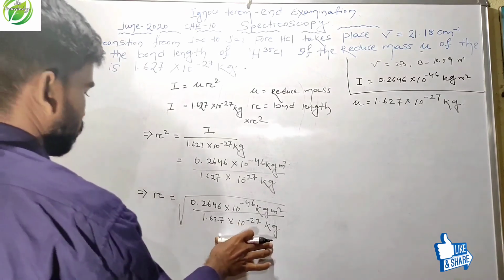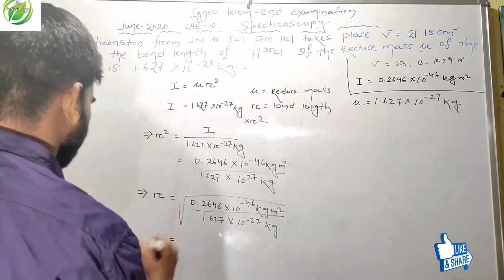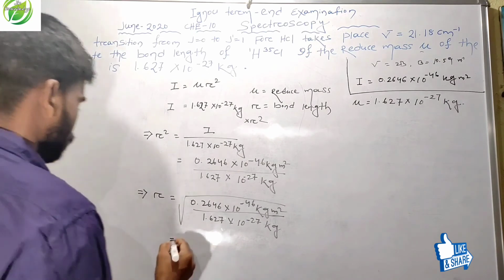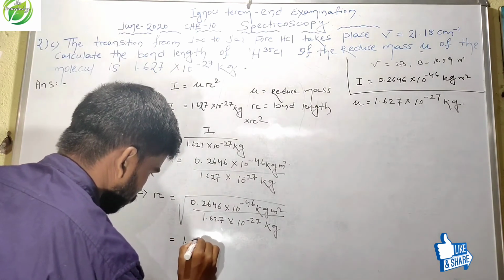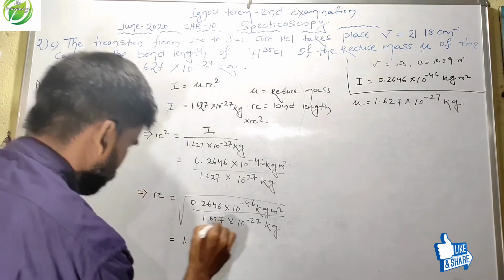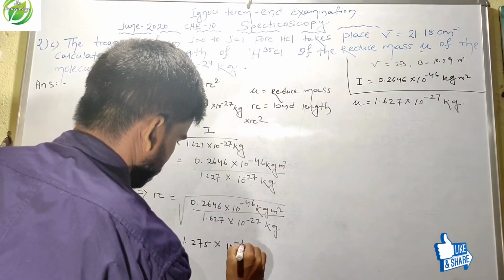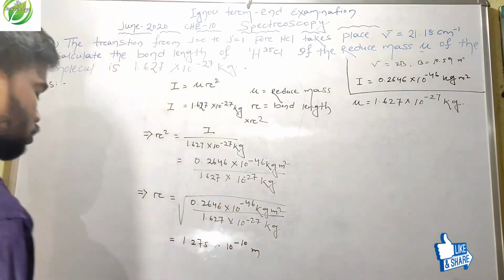We calculate all these values to get the resultant answer, 1.275 × 10⁻¹⁰ meter.